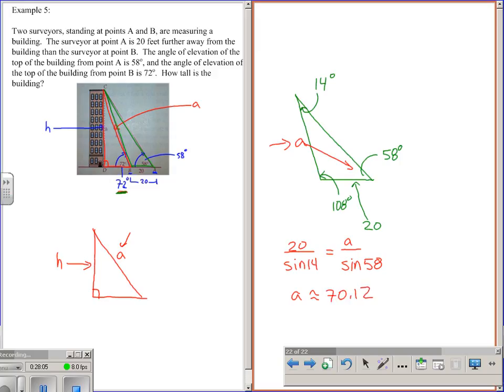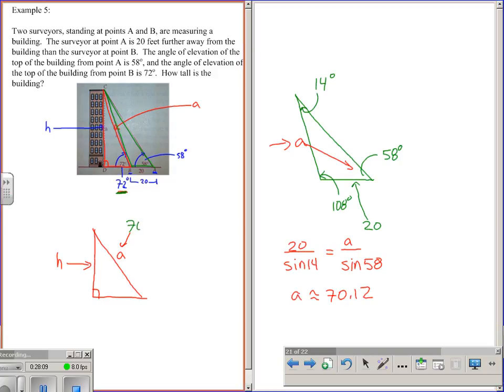Once I have A is approximately 70.12, I come back over and I label this as 70.12, which I found. I have a 90-degree angle. I have this angle measures 72 degrees because it was given to me. And now we're in a situation where we can just use our trig ratios. I have an angle measure, I would like to find the opposite, and I'm given the hypotenuse.